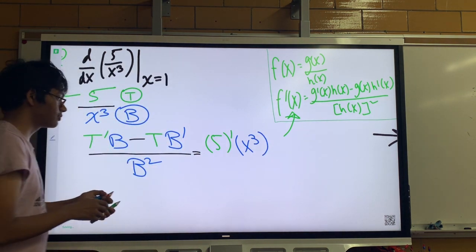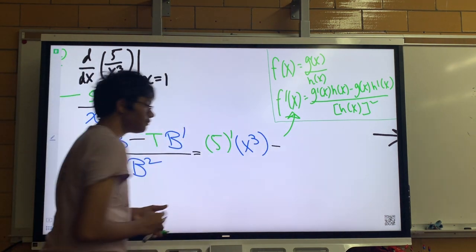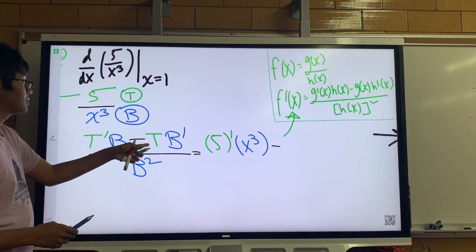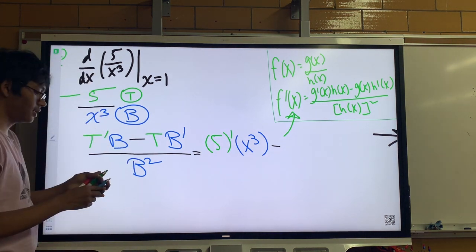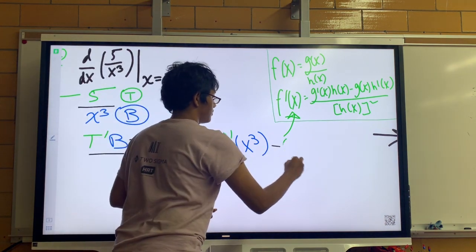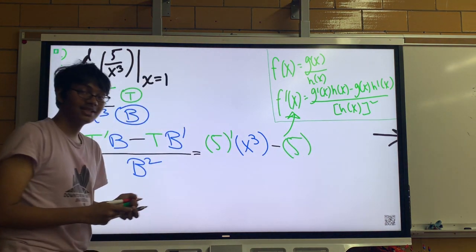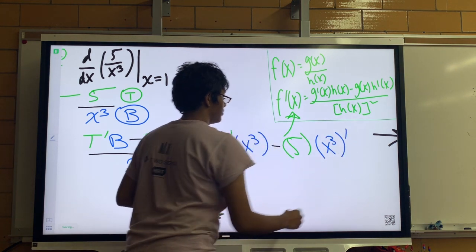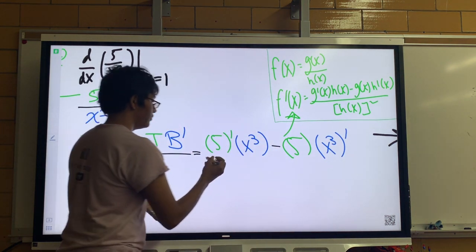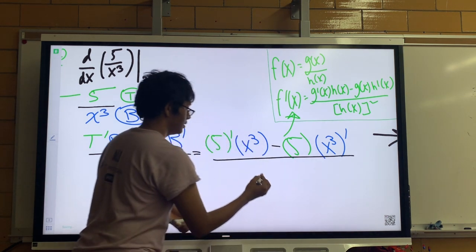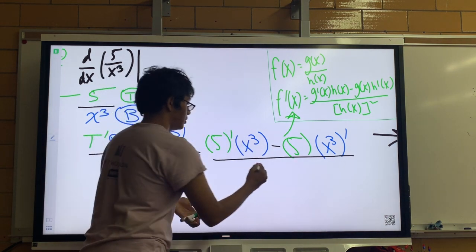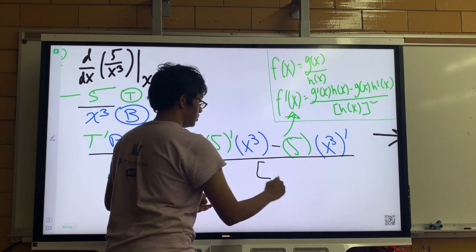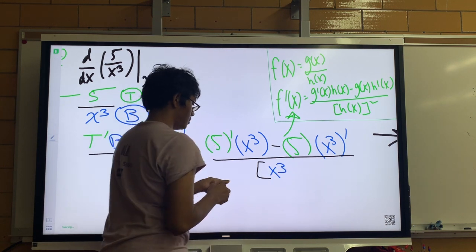And from that I will subtract the top function, which is 5, multiplied by the derivative of the bottom function, which is x cubed prime. And all of that will be divided by x cubed squared.